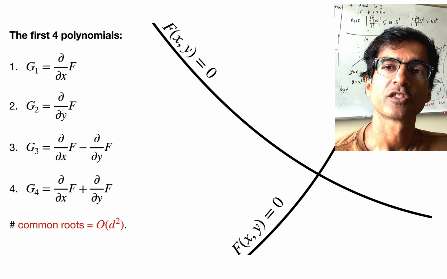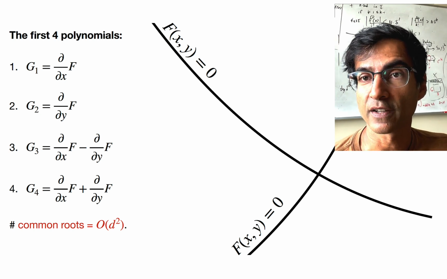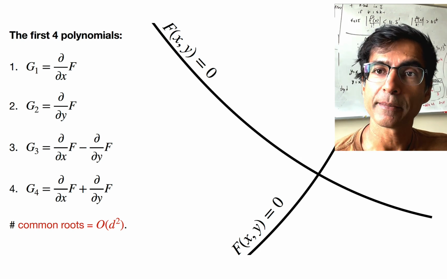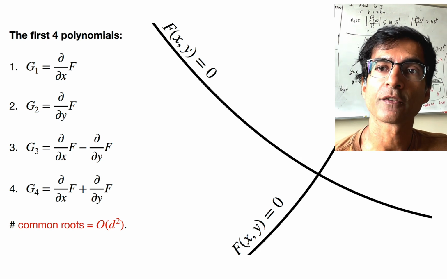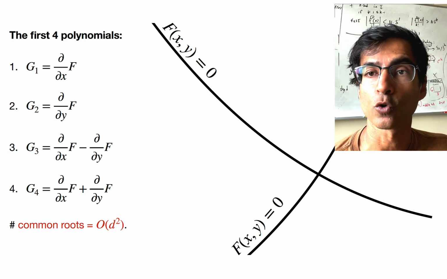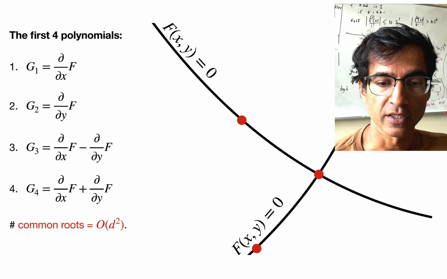Now all of these have degree at most d minus 1, so f does not divide any of these polynomials g1 through g4. And that means that the number of common roots that f has with any of these polynomials is bounded by order d squared. Okay, so here are those common roots.